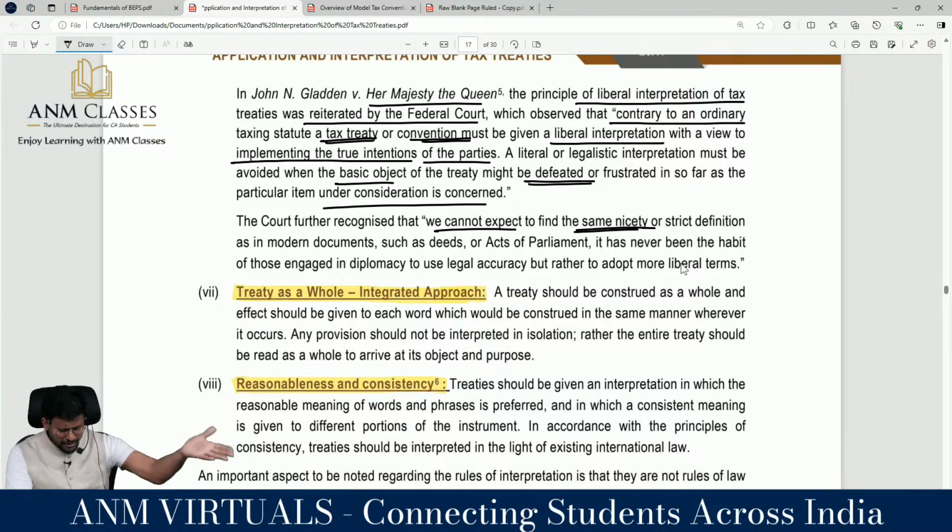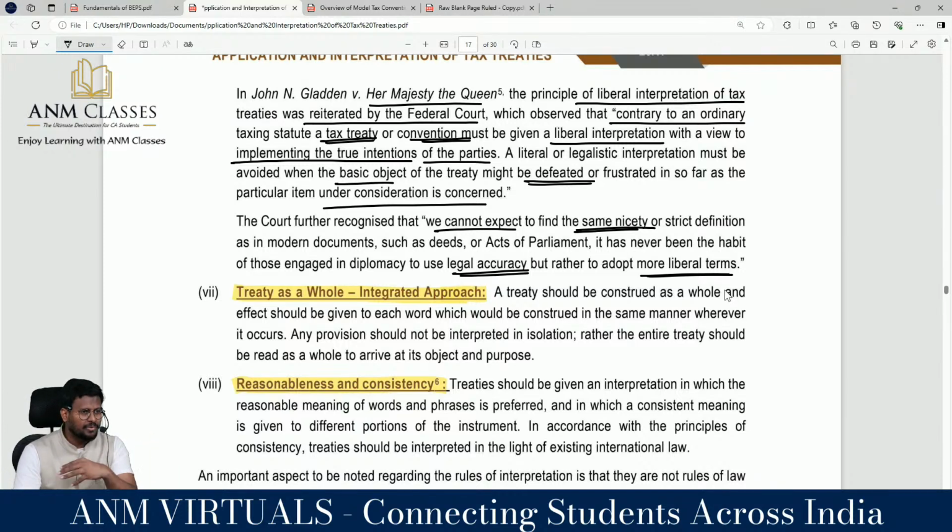It has never been the habit of those engaged in diplomacy to use legal accuracy, but rather to adopt more general terms. அப்போ டொமஸ்டிக் லாஸ்னா ரொம்ப stringent interpretation இருக்கலாம், பிரச்சனை இல்லை, because which is within the jurisdiction we are interpreting. But when you are interpreting international tax treaties, have some fun when you are interpreting. Relax it.